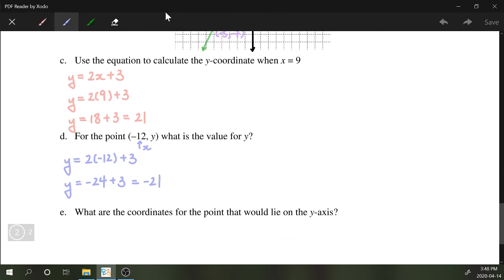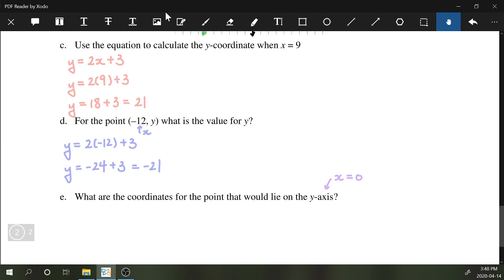So finally, the last part, it asks for the coordinates of the point that would lie on the y-axis. Now, on the y-axis, the x value is 0. Likewise, on the x-axis, the y value is always 0.